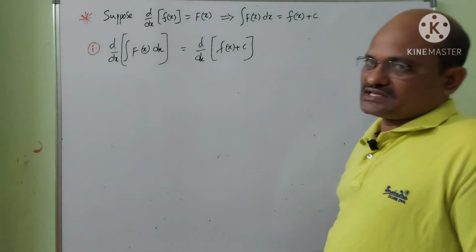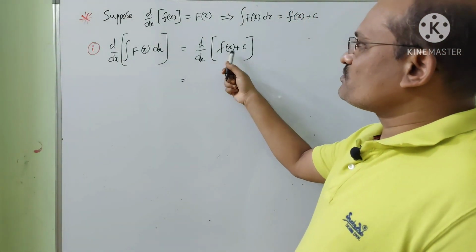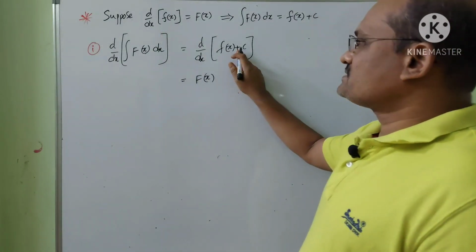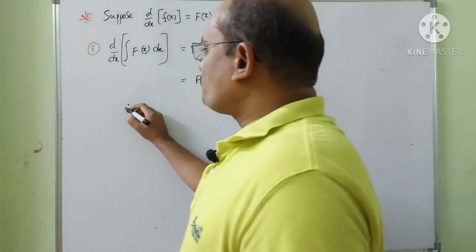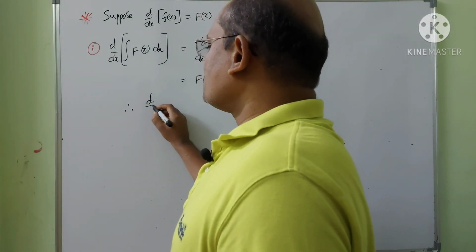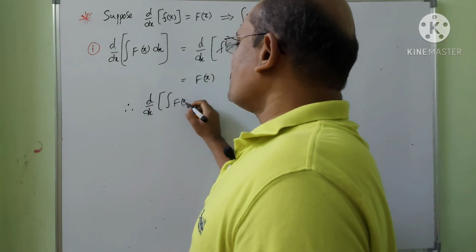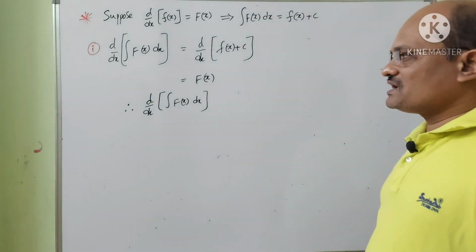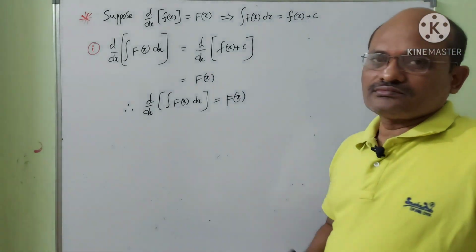Now start differentiation. d by dx of small f of x is capital F of x, plus d by dx of a constant is 0. Therefore, the result can be written as d by dx of the integral of capital F of x dx is equal to capital F of x.